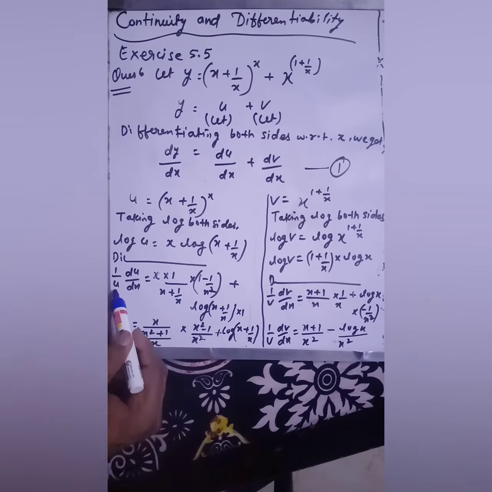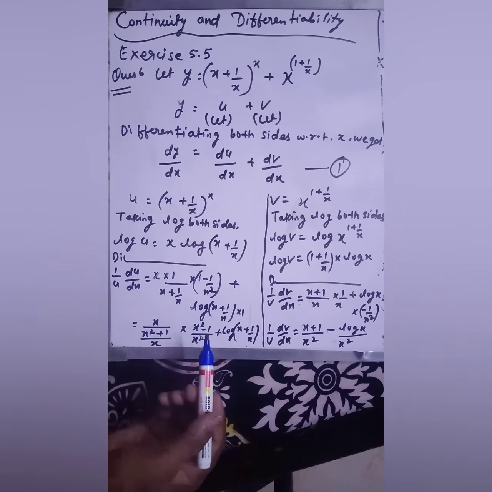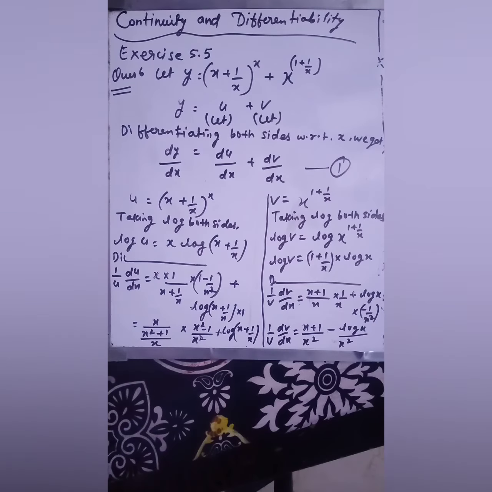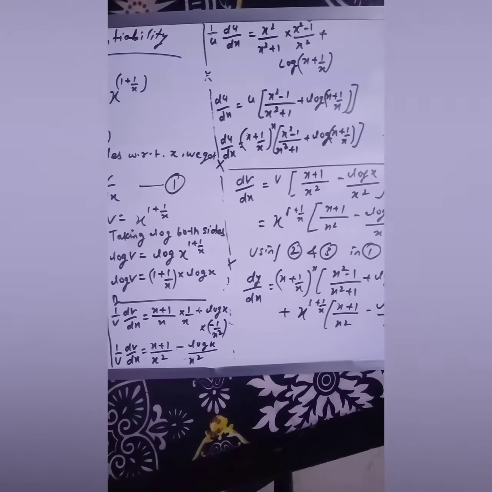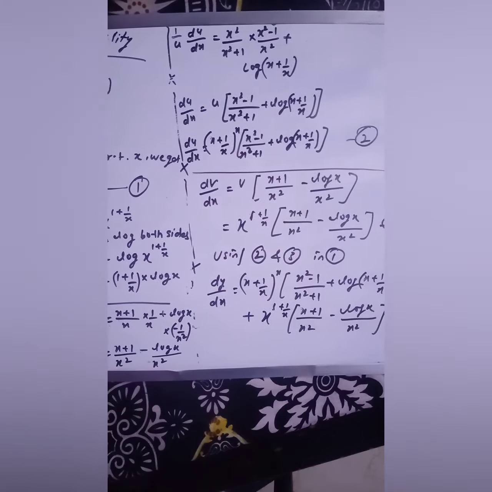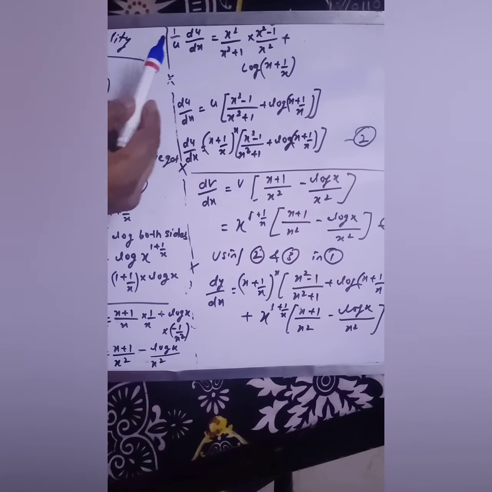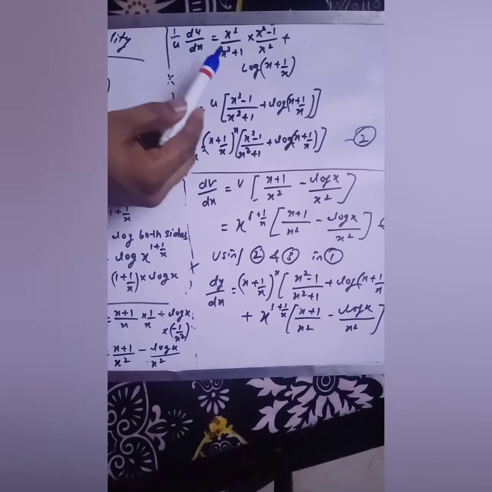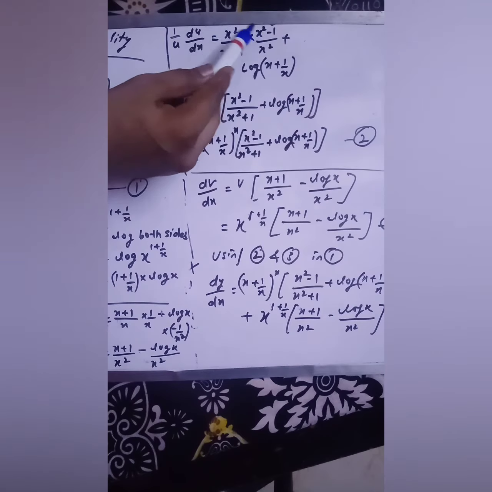In the next step, this u will come on the right hand side. Just wait, I'm showing it. Here you can see 1 by u du by dx, and I have just simplified it.